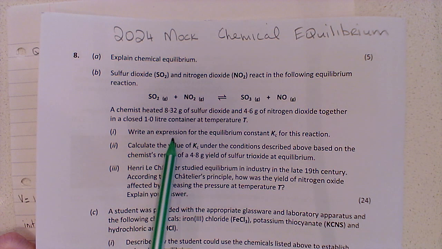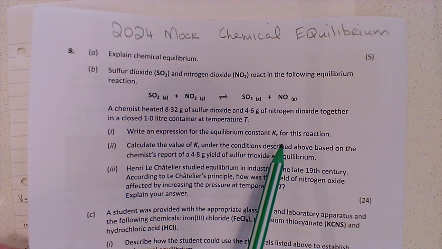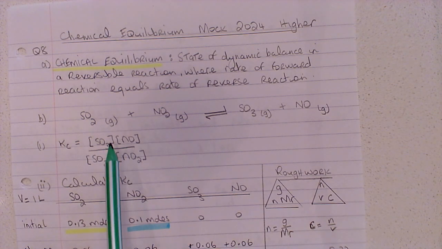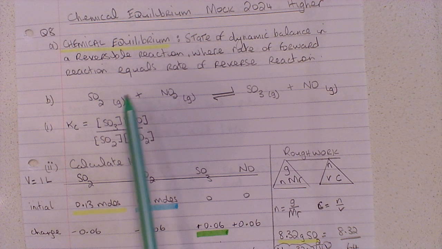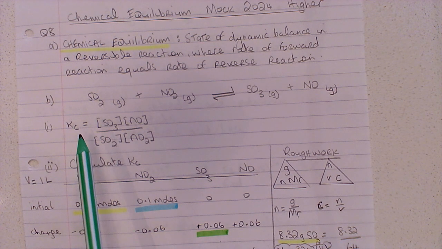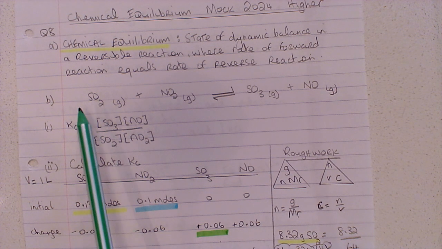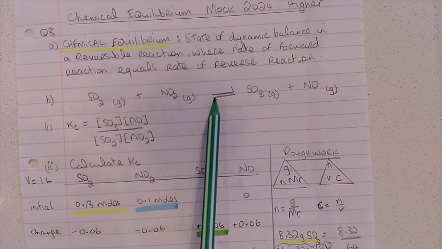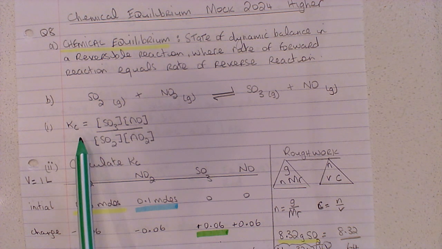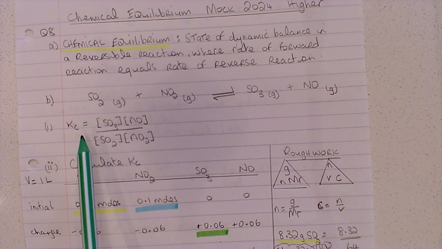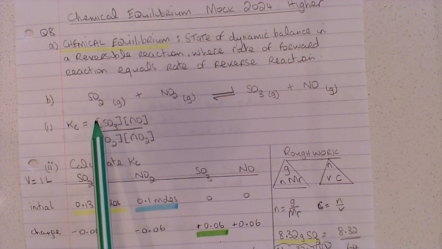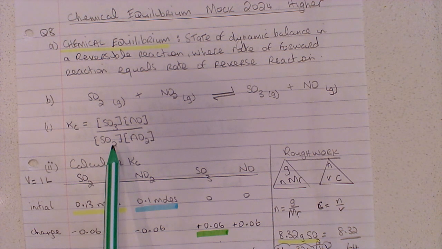You're asked to write an expression for the equilibrium constant for this reaction. Remember, when you write out an equilibrium constant, you must always write out the equation it matches up to. For the Kc value, we're looking at the concentrations of products on the top row and concentrations of reactants on the bottom.